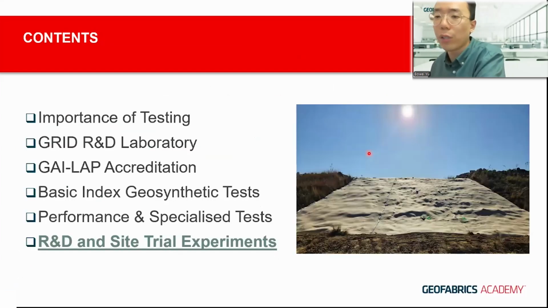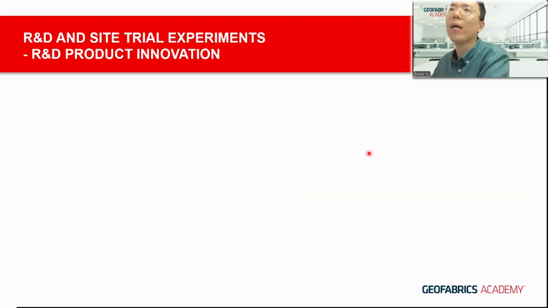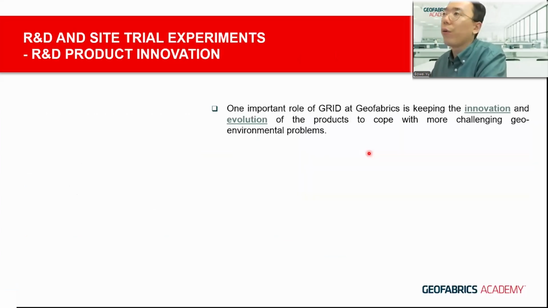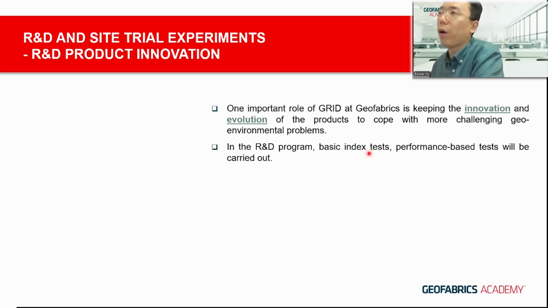And finally, I'll just spend maybe 1 or 2 minutes on our R&D capability and some side trial experiments we are currently working on. So the important role of our laboratory is to keep the innovation and evolution of the products to cope with more challenging geo-environmental problems.